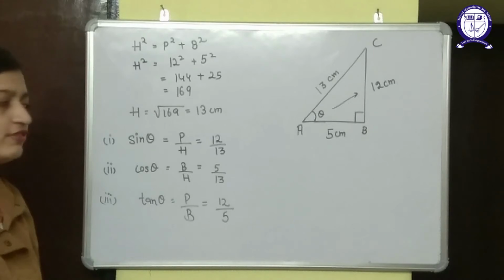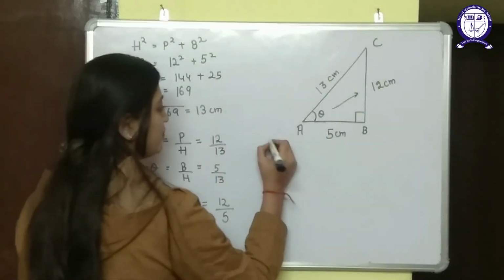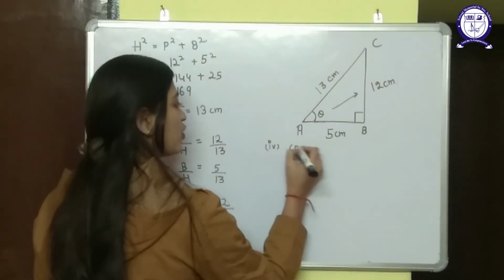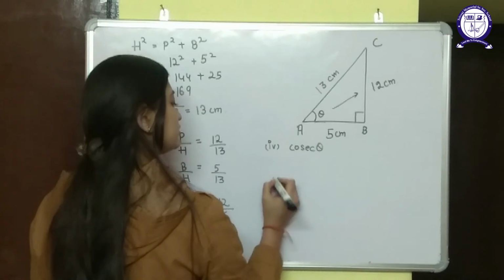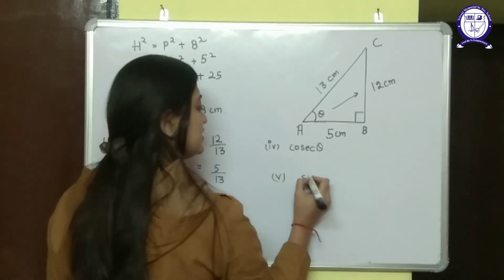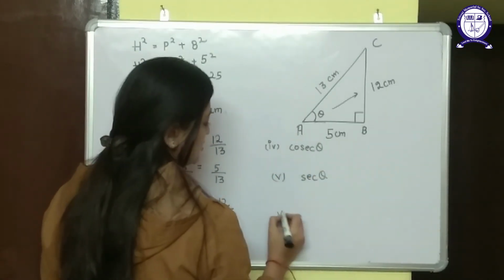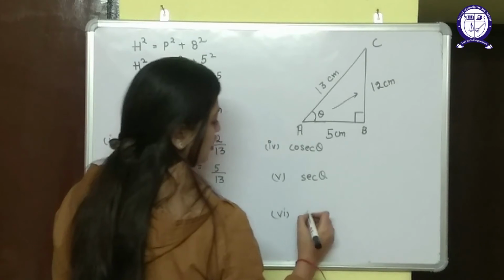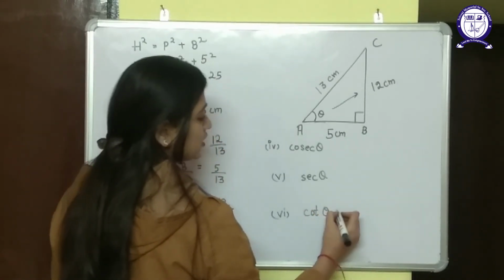Now similarly we can find the other three ratios also. Fourth ratio was my cosec theta. Fifth was secant theta. And the sixth one is cot theta.